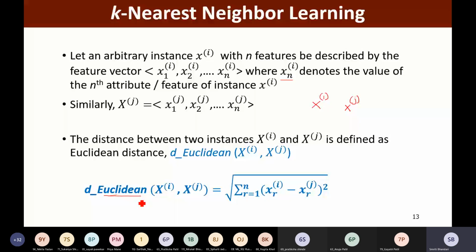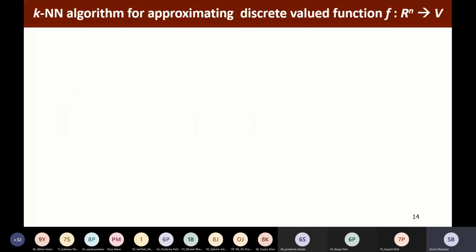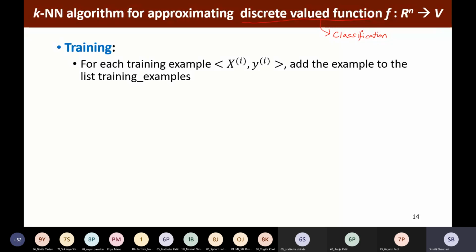Let us now try to write formally this KNN algorithm for approximating a discrete valued function. Discrete valued function means we are talking about the classification problem. We obviously have the training phase.